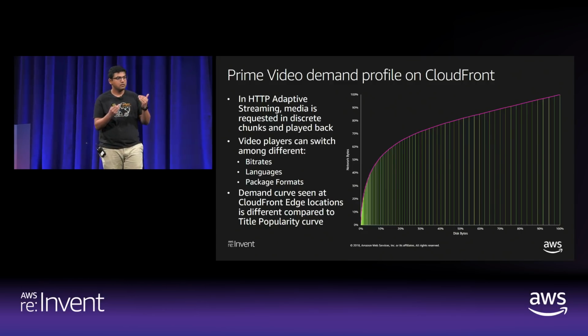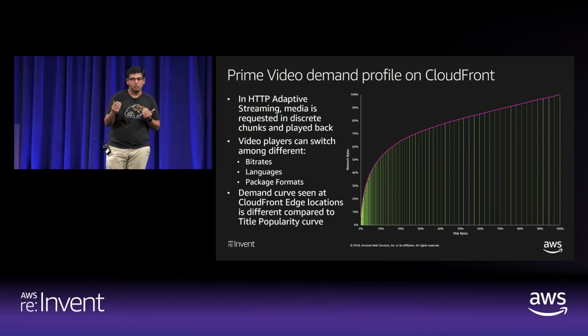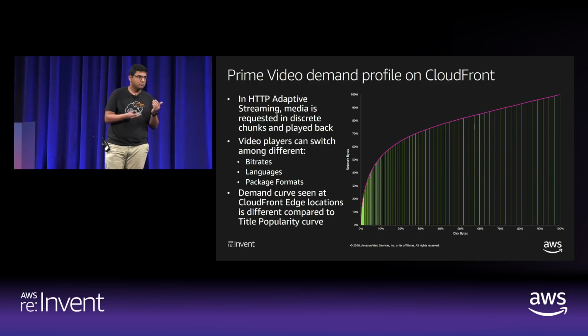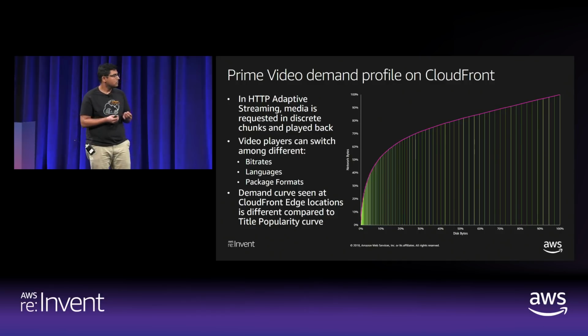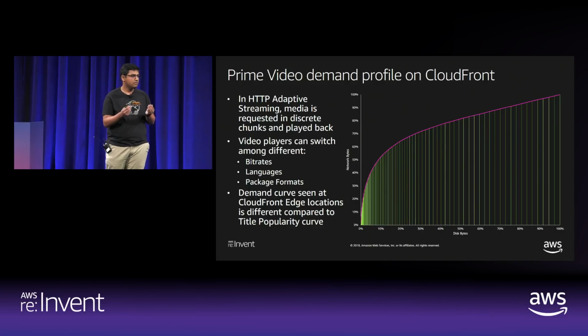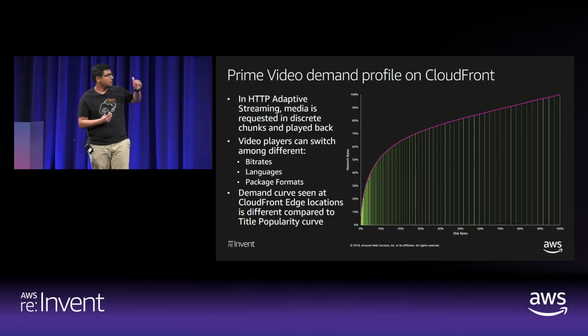So this means that the different HTTP requests that actually come to CloudFront can vary in size as well as popularity. What this graph is actually showing is the actual demand profile for Prime Video seen over a day, and it gives the shape of how much disk space is required to serve a given amount of request bytes, or network bytes, as we say.